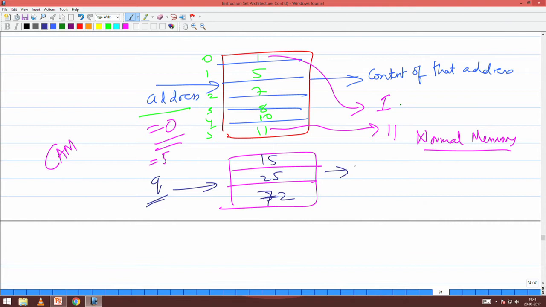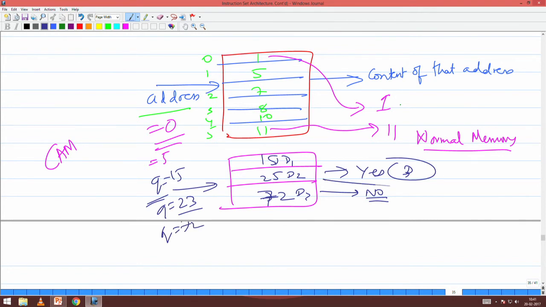It will say yes, and it will also give you the data associated with it. Suppose I ask whether 23 is there, it will say no. Suppose I ask whether 72 is there, it will say yes, and it will also give me the data associated with it, which is D3.